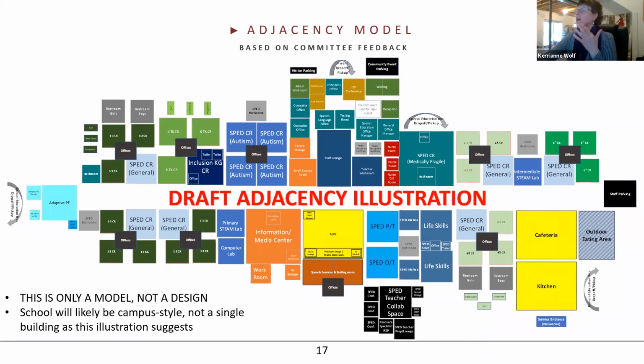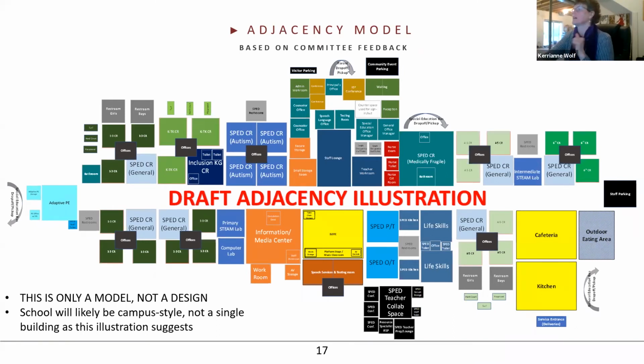So what I heard was, in general, move the cafeteria over to where adaptive PE is, move adaptive PE closer to medically fragile, life skills, etc. Move the speech services and testing room to the left side of the information media center. And I'm going to look at how I can cluster these classrooms together differently so that office space becomes more of an extended learning area.